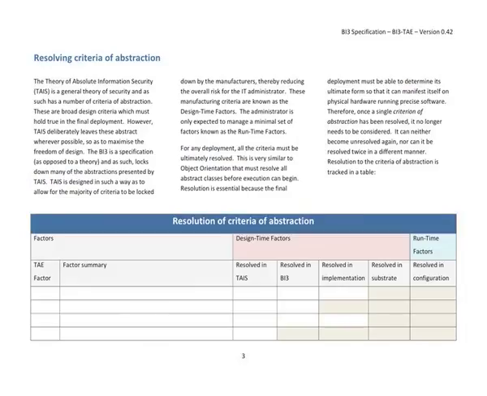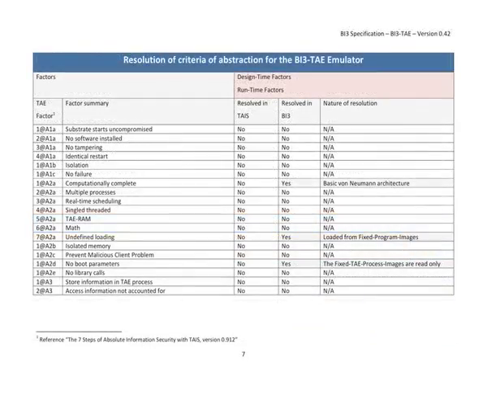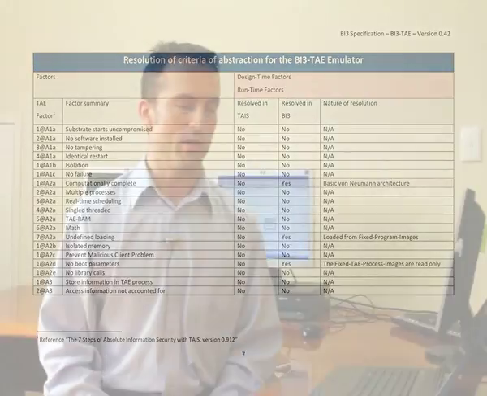TACE has a number of abstract criteria that it defines the theory in, and when the BI3, the specification, adheres to this, it starts resolving some of these criteria, and these criteria must be resolved all the way through till the implementation. In Milestone 1 we talked about TACE being a theory. Now the BI3 is actually a specification, although it is still abstract. There's a fine line between the theory and the specification.